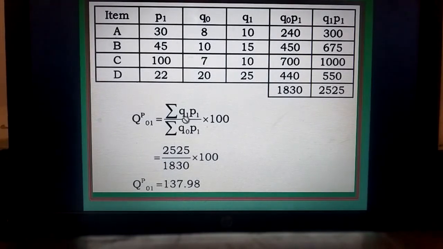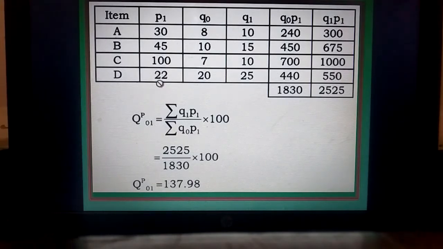So here we need Q1 and P1 multiplication. Q1 is there, P1 is there. 30 multiplied by 10 is 300. So when you perform Q1 and P1, 30 multiplied by 10 is 300. 45 multiplied by 15 is 675. 100 multiplied by 10 is 1000.